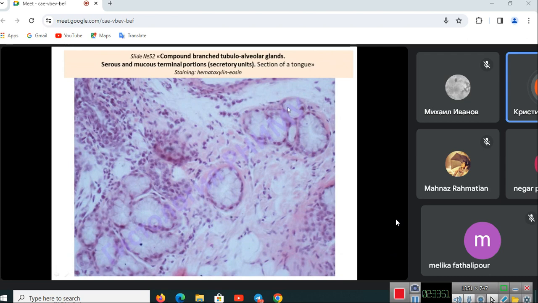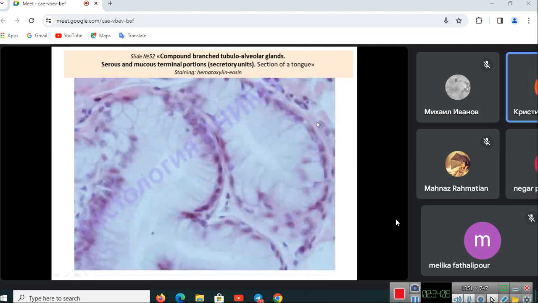These are mucus-producing cells in mucous secretory portions. This is a mucous secretory portion with its lumen, cells with pale non-stained cytoplasm and flattened nuclei. These are mucocytes, and also some myoepithelial cells. At high magnification, you can see one and two secretory portions, mucus-producing secretory portions with mucocytes.